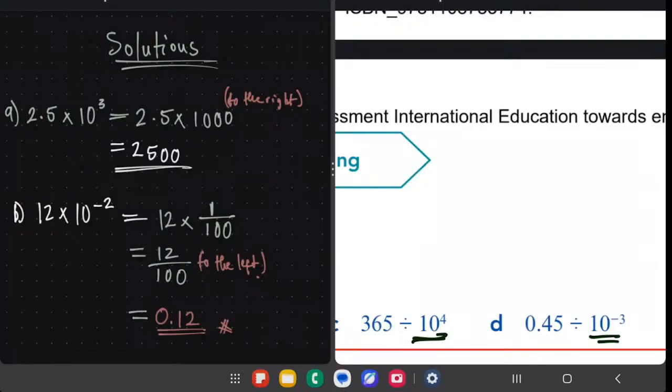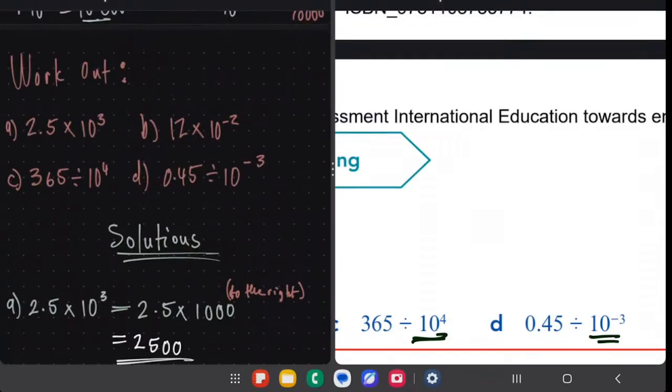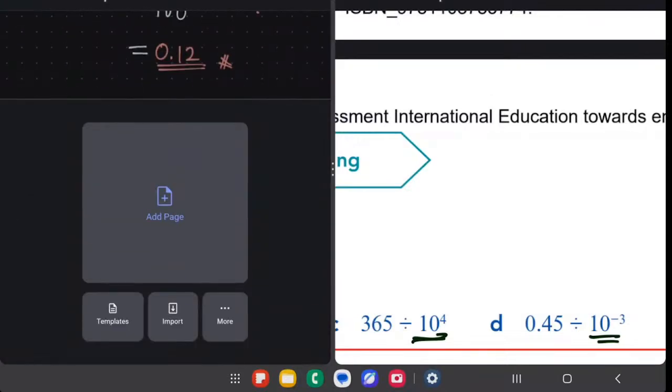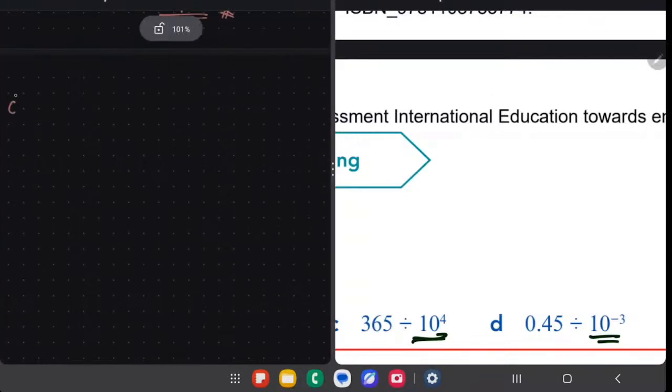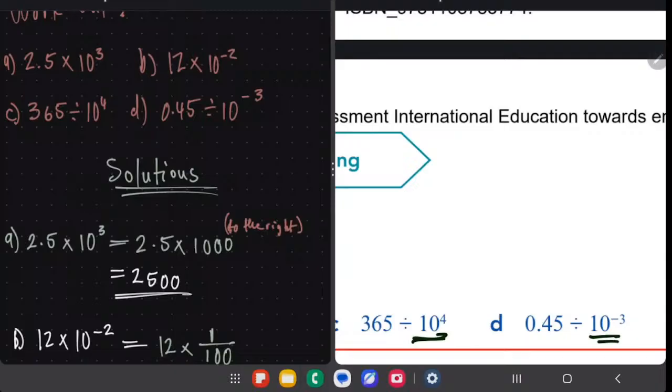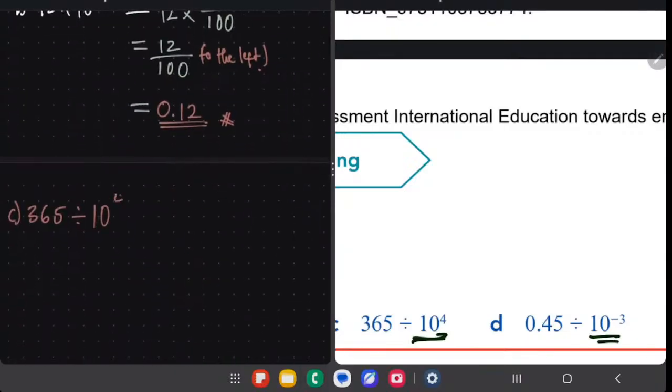Right. Part C. 365 divided by 10 to the power 4. This is the same as saying 365.